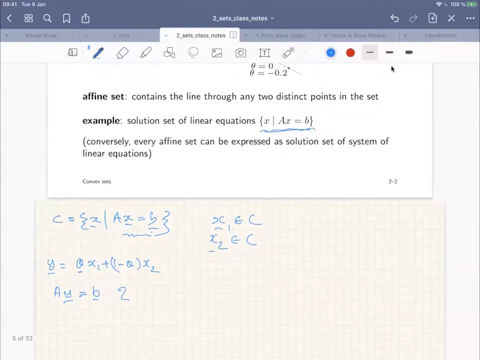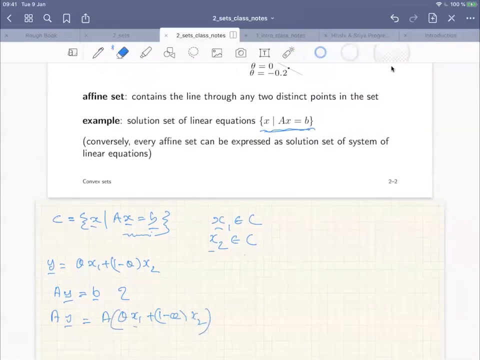A y equals A into theta x1 plus 1 minus theta x2, which is equal to theta into A x1, which is b, right? Because x1 is in set C, that means A x1 equals b, and similarly A x2 equals b.